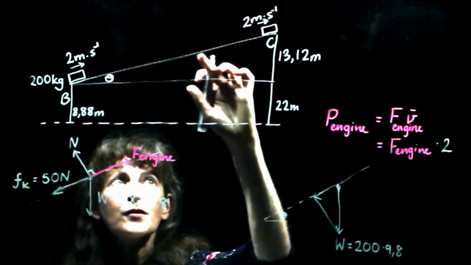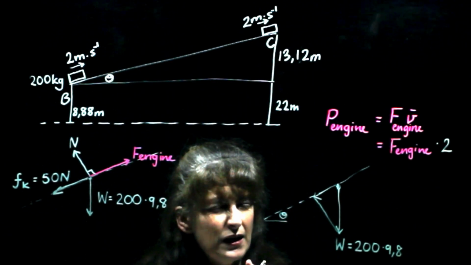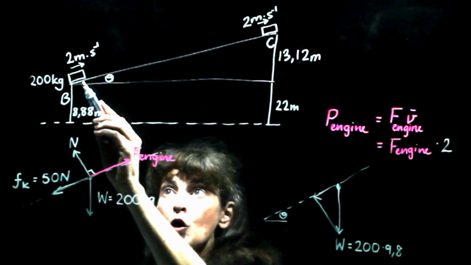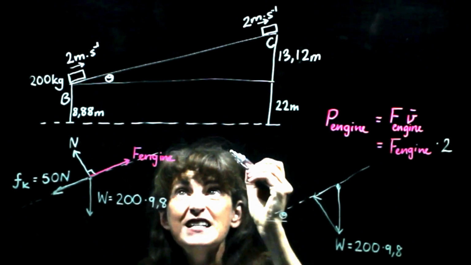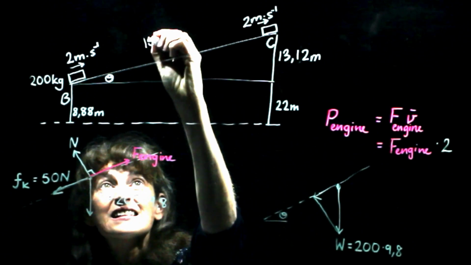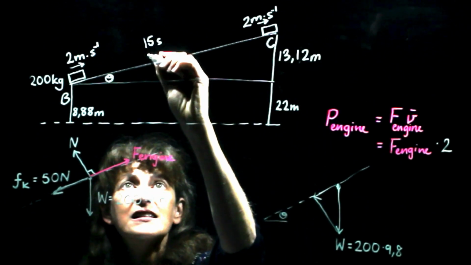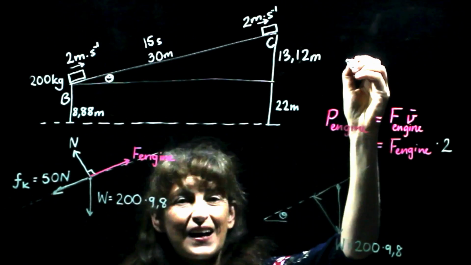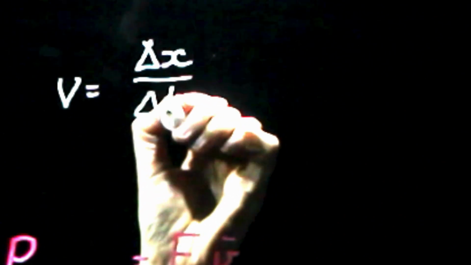Right, how does that help us? Well, we also know the length of the hypotenuse. Well, we don't know it, but it's very easy to calculate. Why? Well, we are told that this thing moves at 2 meters per second and it takes 15 seconds to move. So can you see that that distance is 30 meters? If you can't see how I got that, okay, we know that velocity is displacement per time.